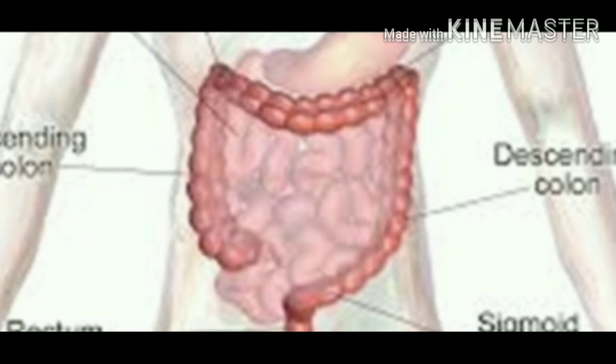The food that remains undigested and unabsorbed passes from the small intestine into the large intestine. Next is the large intestine. The large intestine is wider and shorter than the small intestine. It is about 1.5 meters in length.